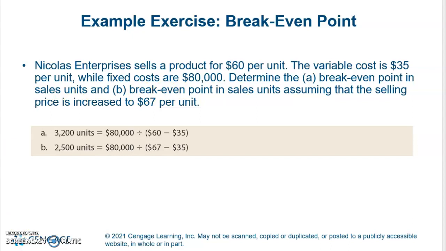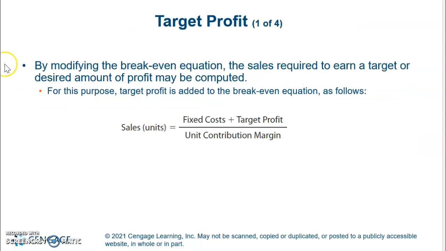We're going to move on to target profit. So in the previous slides, we were talking about your target profit was 0 because we wanted to break even. But what company is just going to want to break even? Not many, right? They're actually going to want to make a profit. So we can use these same tools that we used previously, but plug in a number amount of profit and figure out how many we need to sell to make that target profit.